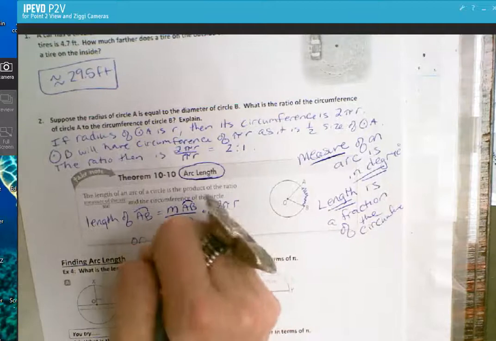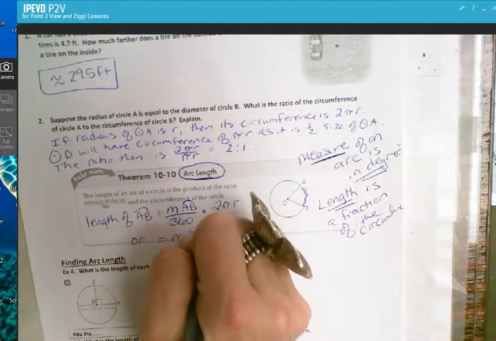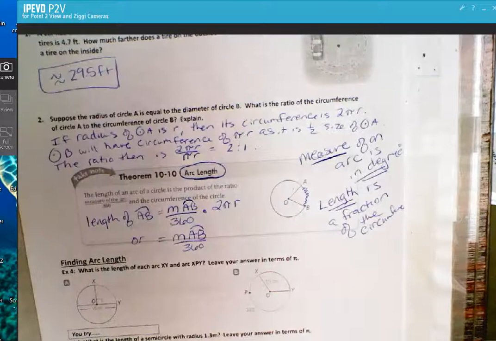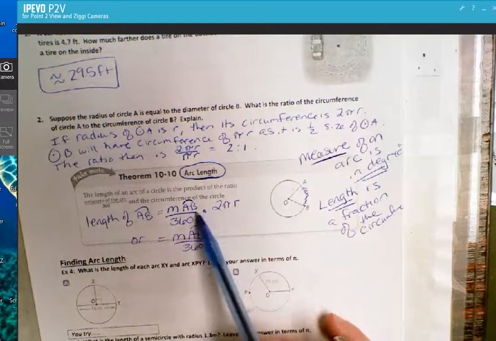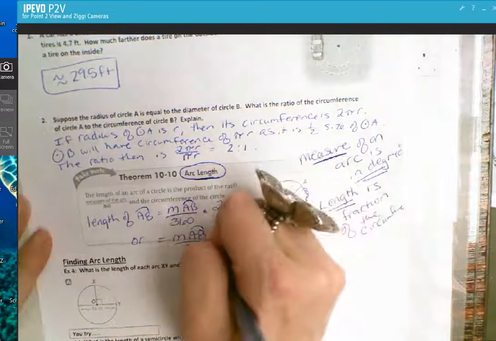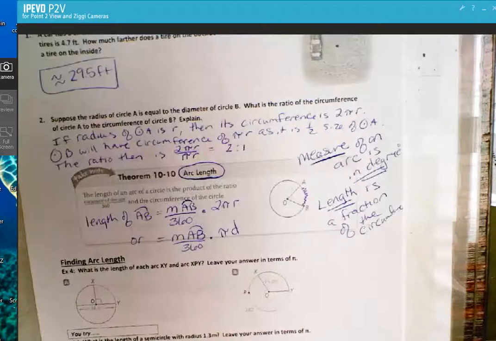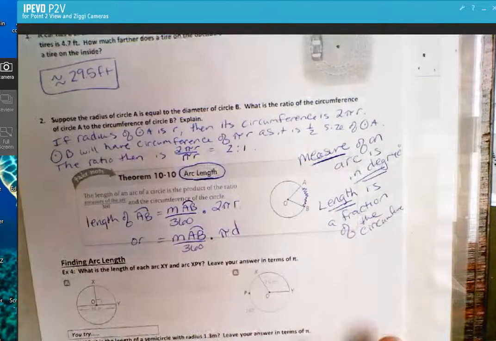Or, as we know, the measure of arc AB out of the full 360 degrees possible. So the ratio of its degrees times the circumference. And it could be either radius or diameter.